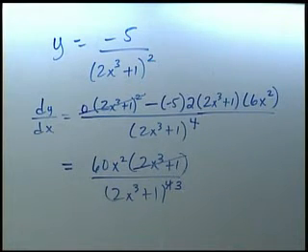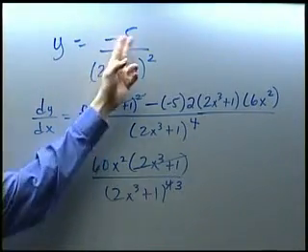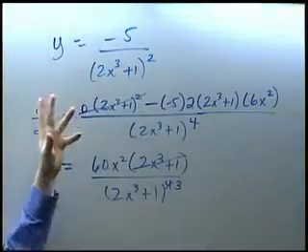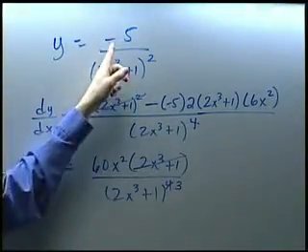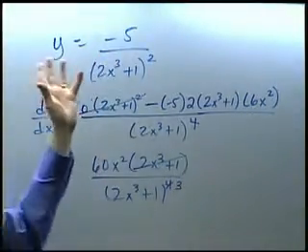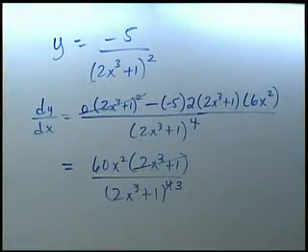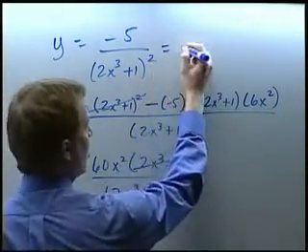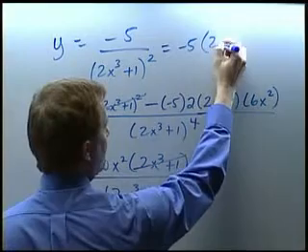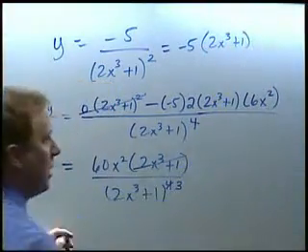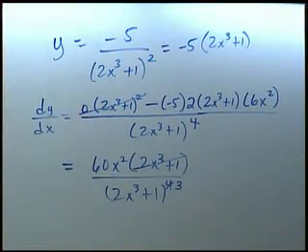Okay? Now, I also want to mention one more strategy on an example like this. Quotient rule worked fine, and there's nothing wrong with using it, but what if I was to rewrite this function? And the only reason I'm saying I can do this is because notice the top does not have any x's in it, does it? Okay? If I was to rewrite this function as -5 times 2x cubed plus 1, how could I rewrite that to what power?